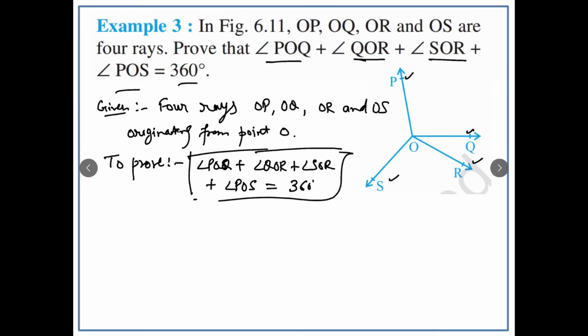This is what we have to prove, that the sum of all 4 angles is 360 degree. So let's start, not solution, we'll write proof.